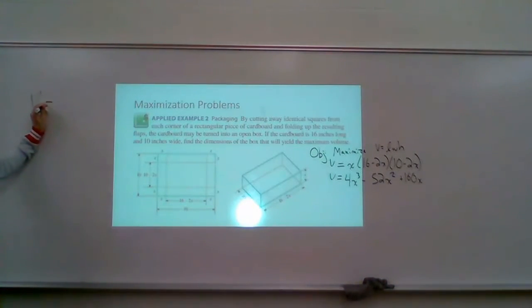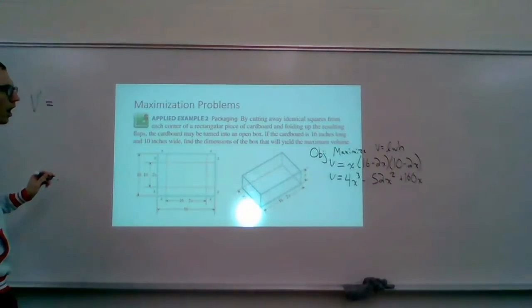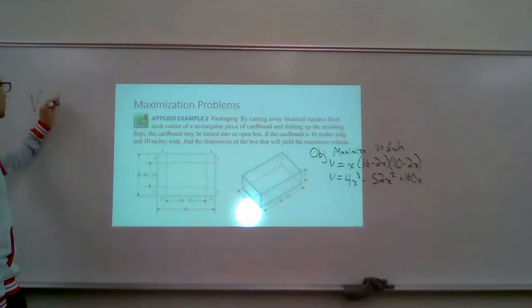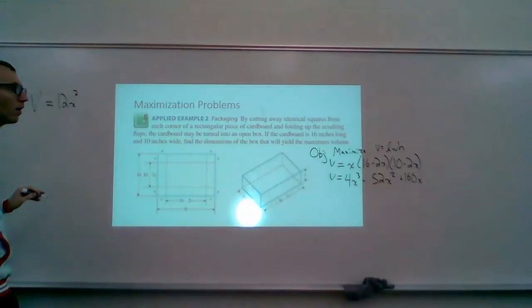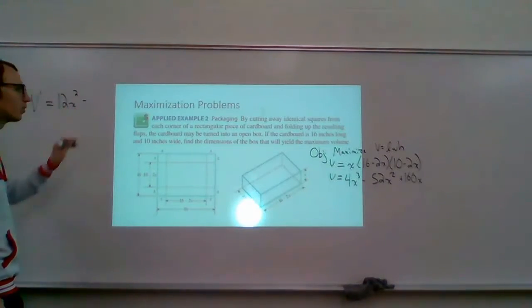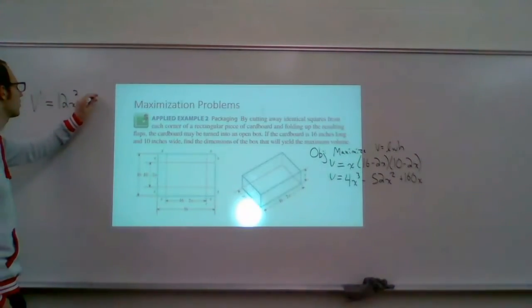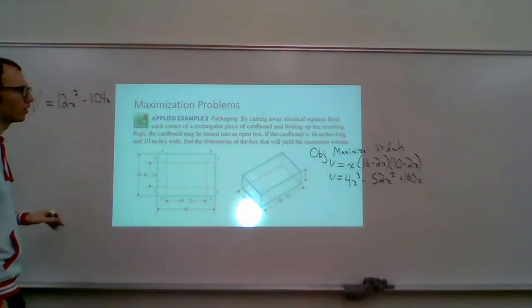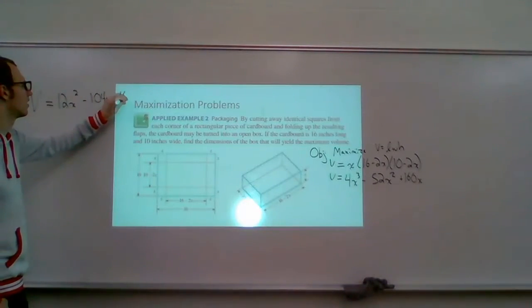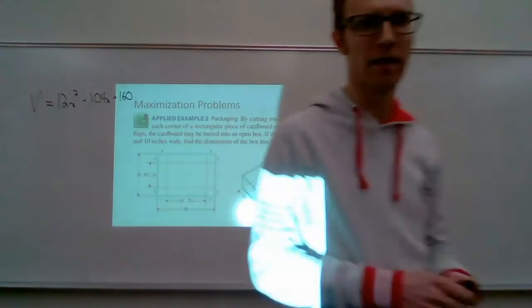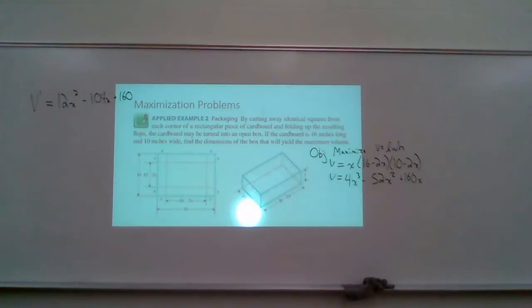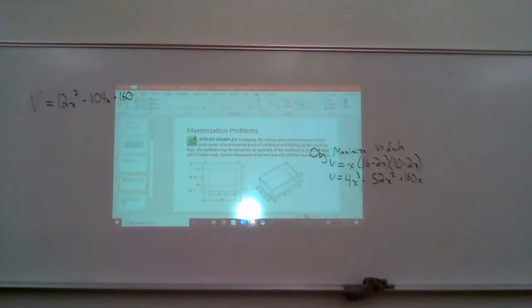So v prime is equal to the derivative of that function, which is 4 times 3 is 12x squared minus 104x plus 160. Again, I don't really feel like taking time to try to factor that or use the quadratic formula. Let's just use Wolfram Alpha real quick. We're going to set that equal to 0 and solve it.